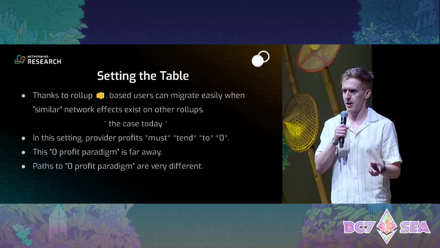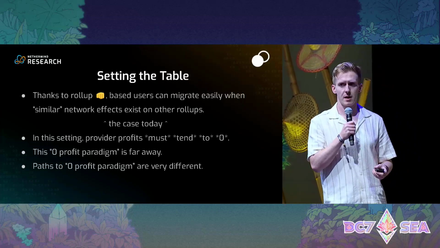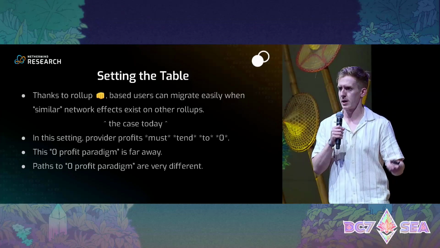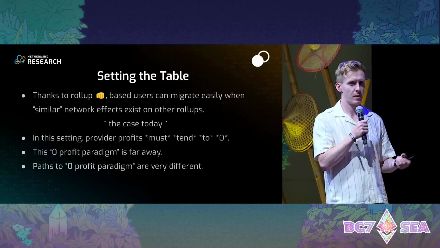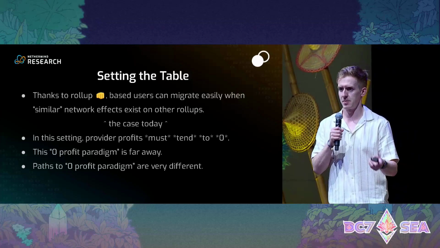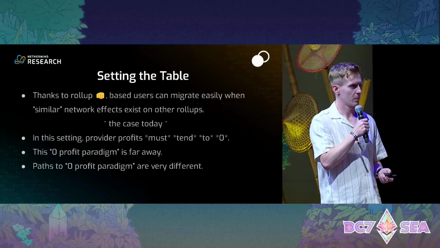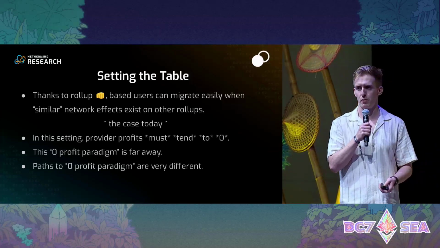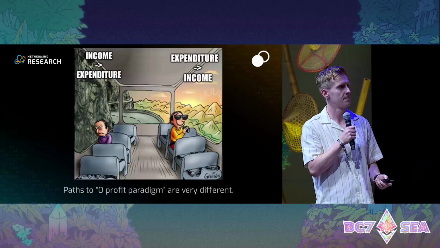But this zero profit paradigm is far away. Because of all this haziness, because of this wild west that we're in, it's still possible that provers and sequencers can actually be making money. But again, this is going to be a long road, and we're going to get there incrementally.